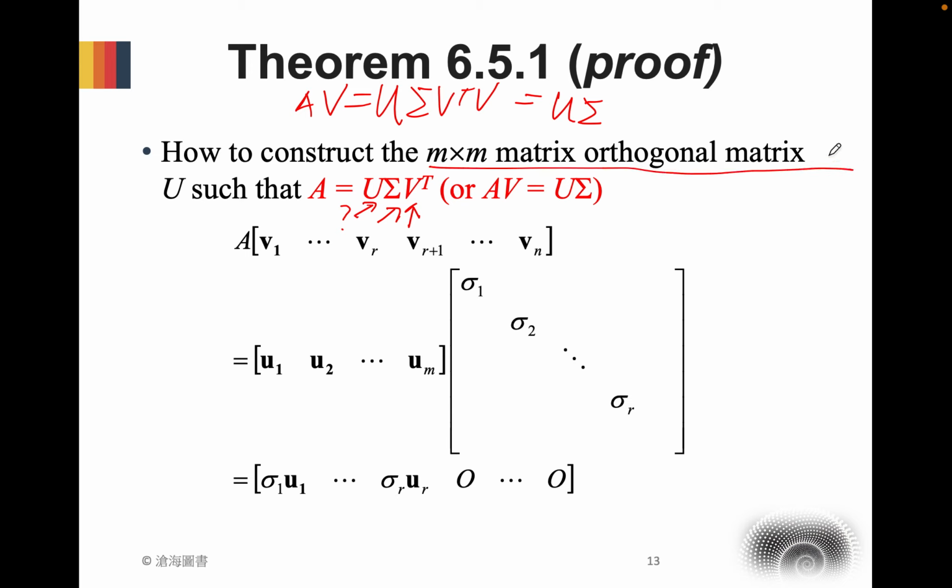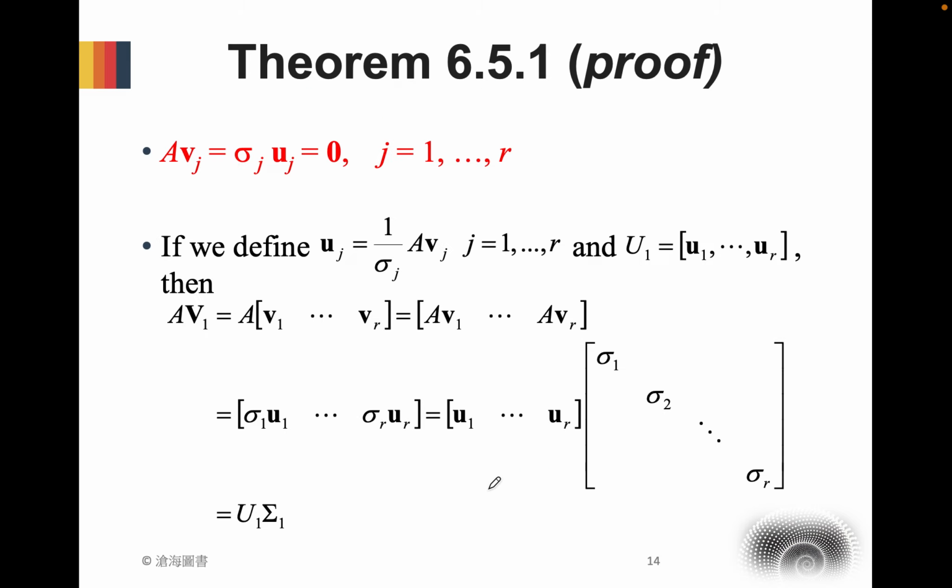If we multiply them together, we get sigma 1 U1 to sigma R UR. So we have the first R non-zero values; however, starting from R plus 1 to n, it becomes 0.